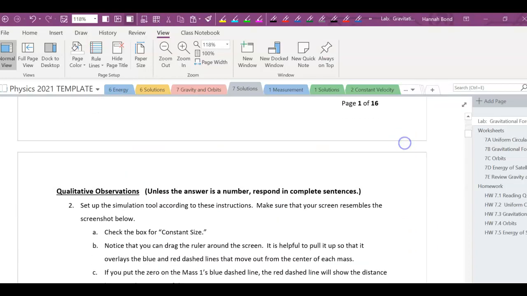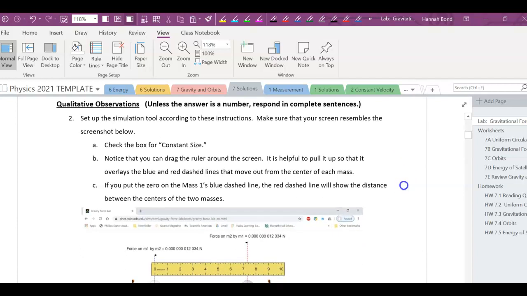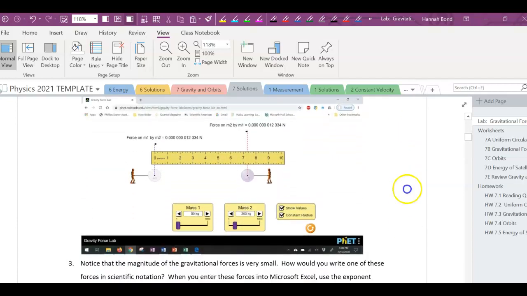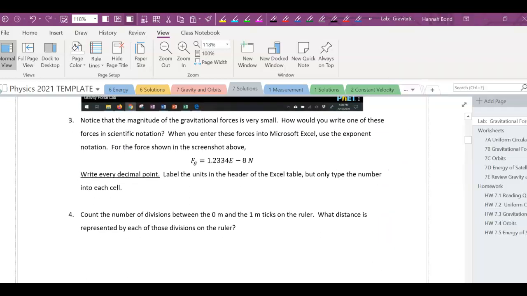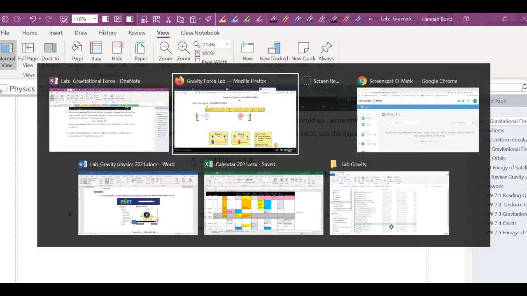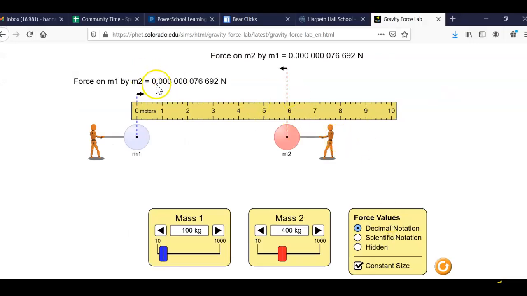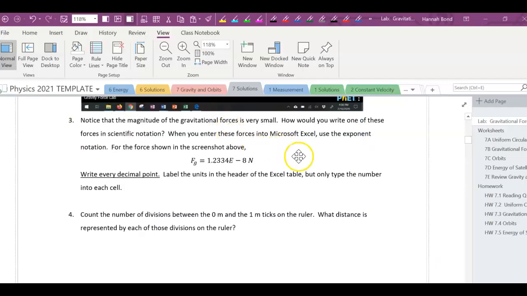Okay, so I'm going down to the second page of the lab, and we have set up the simulation tool, and it says notice that the magnitude of the gravitational forces is very small. Look here, it's 0.00000076692. That's a very small number of newtons. And so we're going to want to write these forces down in scientific notation.